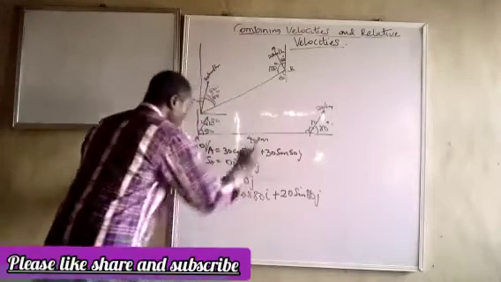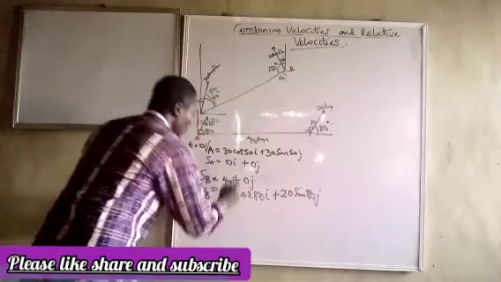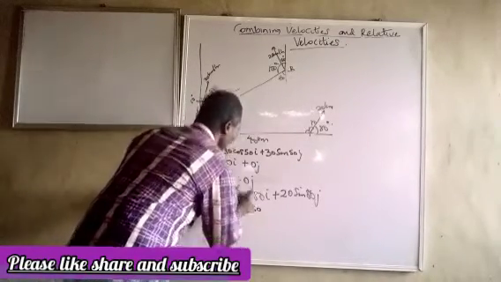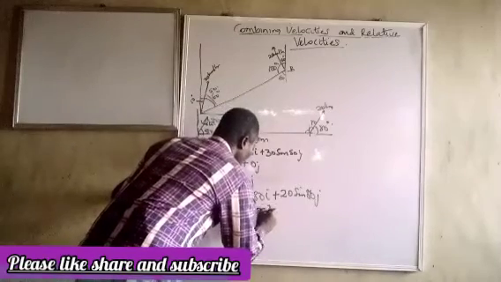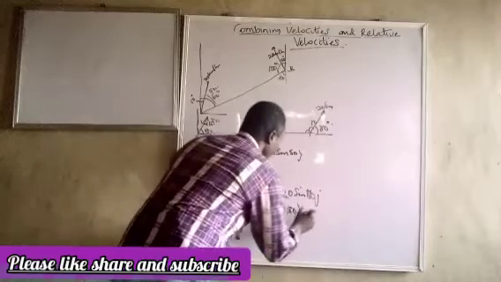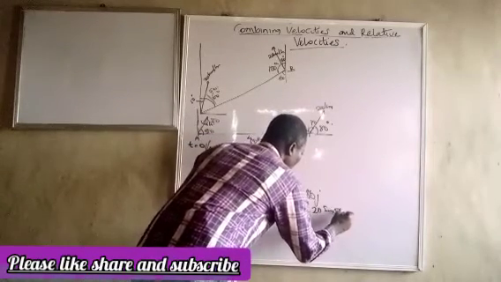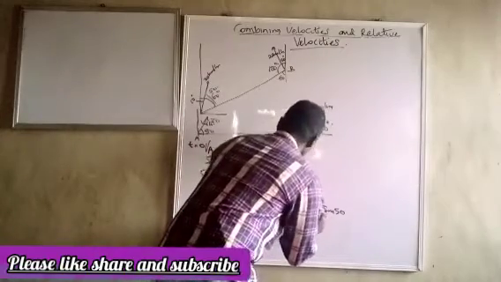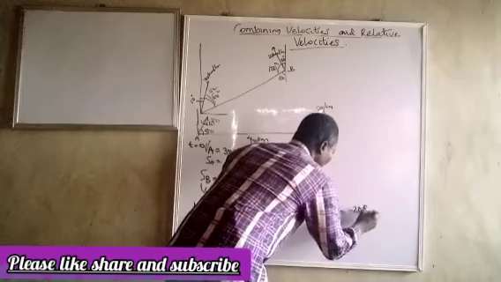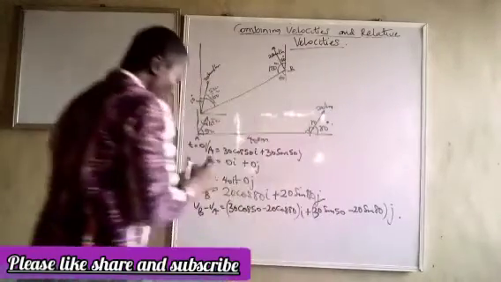The relative velocity will be VB minus VA, which is 30 cos 50 minus 20 cos 80 I plus 20 sin 50, 30 sin 50 minus 20 sin 80 J. Let me work that out.